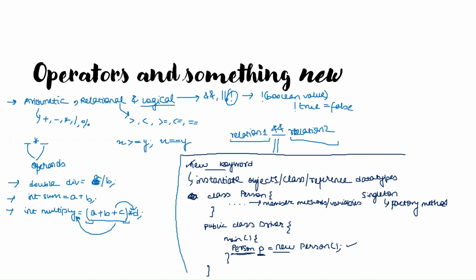Okay, and how this will look in the heap memory, let me show. So let's say this is the heap memory, and within this we have an object. p is the variable which is storing the address to this object. It's storing the memory location of this particular object on the heap, and this is a person type object.